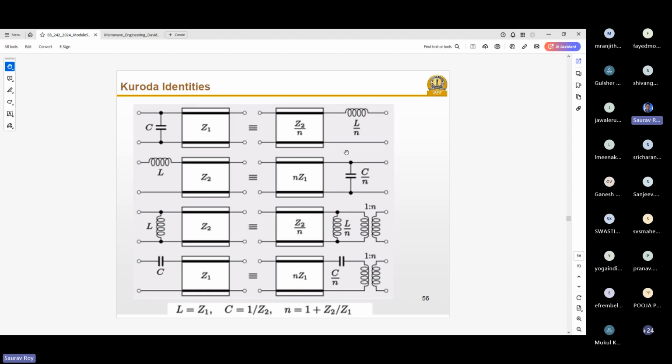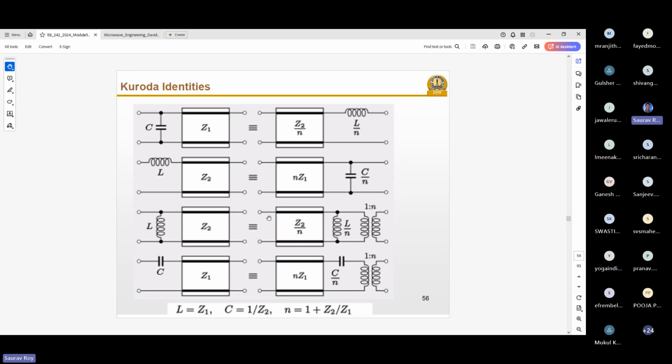All four options are available, and they are very much useful in our design. For most circuits you have to use one of them. Just by playing with the characteristic impedance of the line, you can replace the short circuit with the open circuit or vice versa.